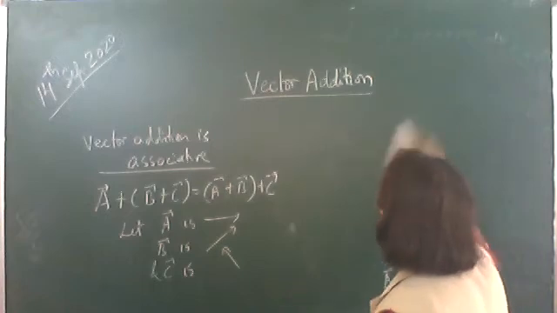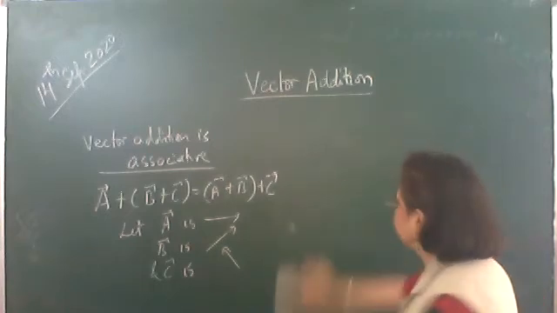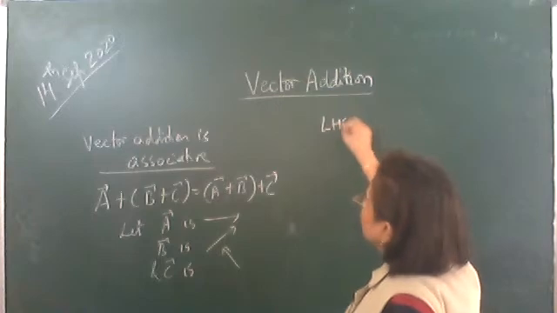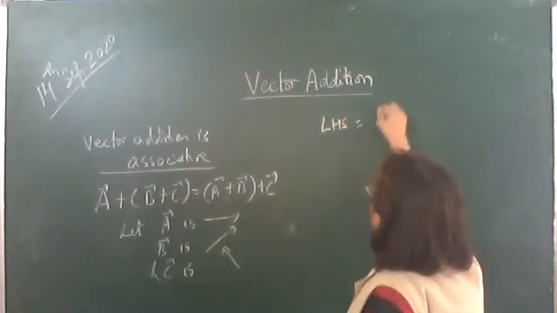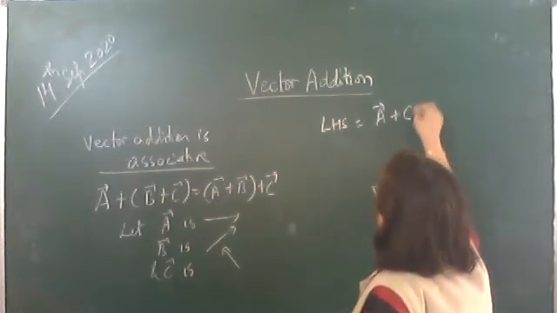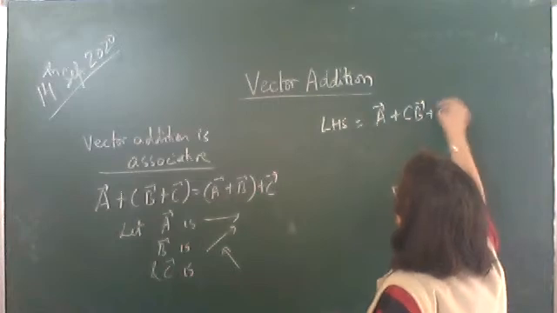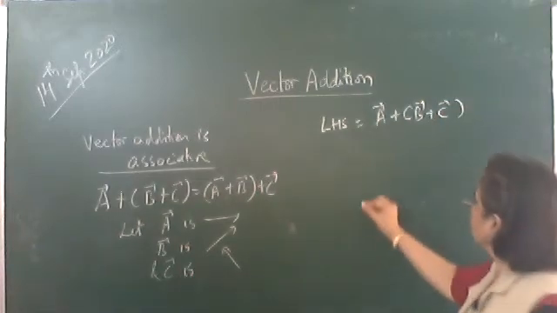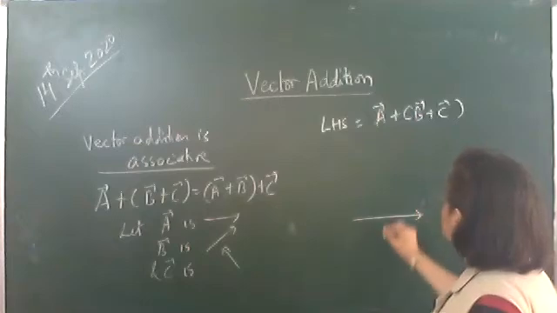Let's start from the left hand side. The left hand side is A vector added to the sum of B and C vectors. Okay, first let's draw it. This is A vector.